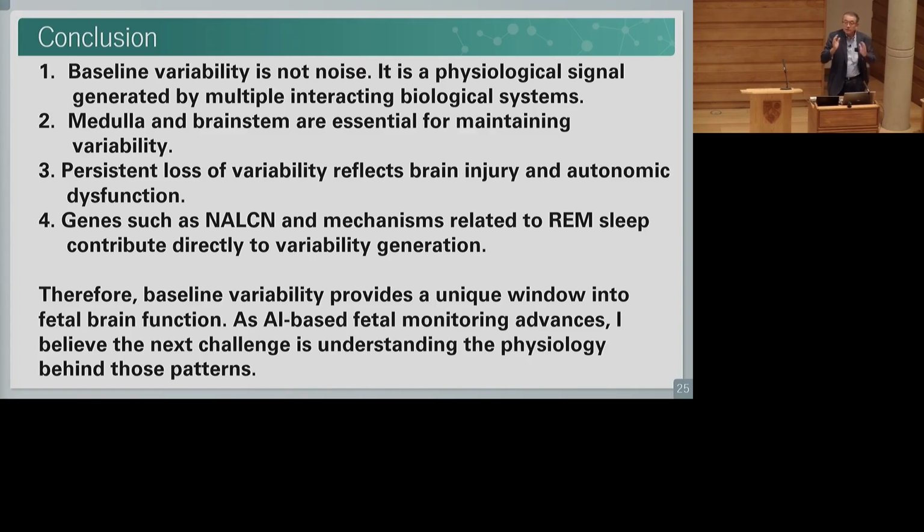So we should differentiate normal fetal breathing movement from abnormal fetal breathing movement. And recently, my colleague Chris Lear observed that even in normal labor, abnormal fetal breathing occurs after the contraction.